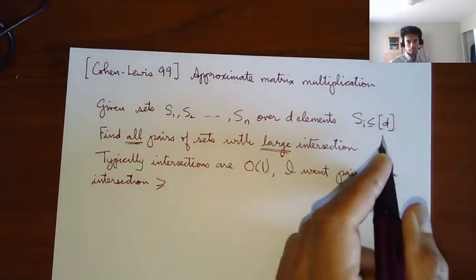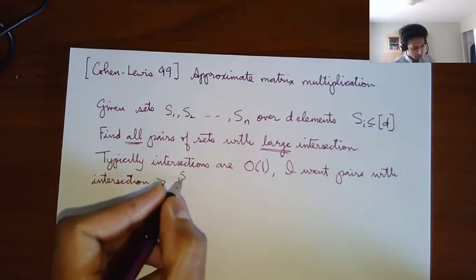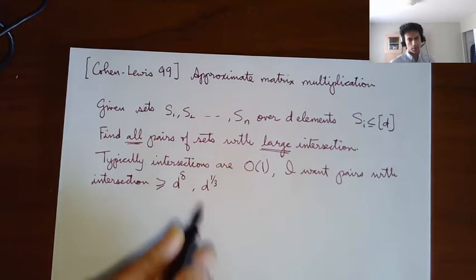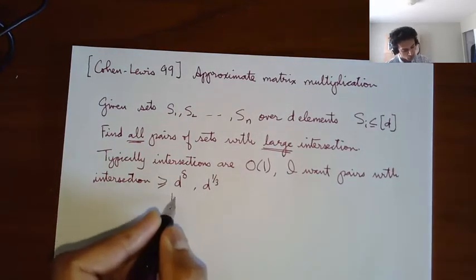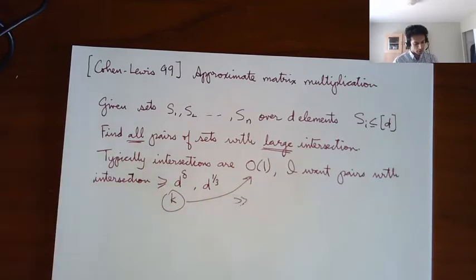So obviously the maximum intersection would be D, and the threshold would be maybe something like D to the delta. Maybe I want D to the 1/3, something. It doesn't matter. It's some parameter. So you could think of this as I'm going to put something like K over here, where K is going to be much, much larger than the typical intersection.